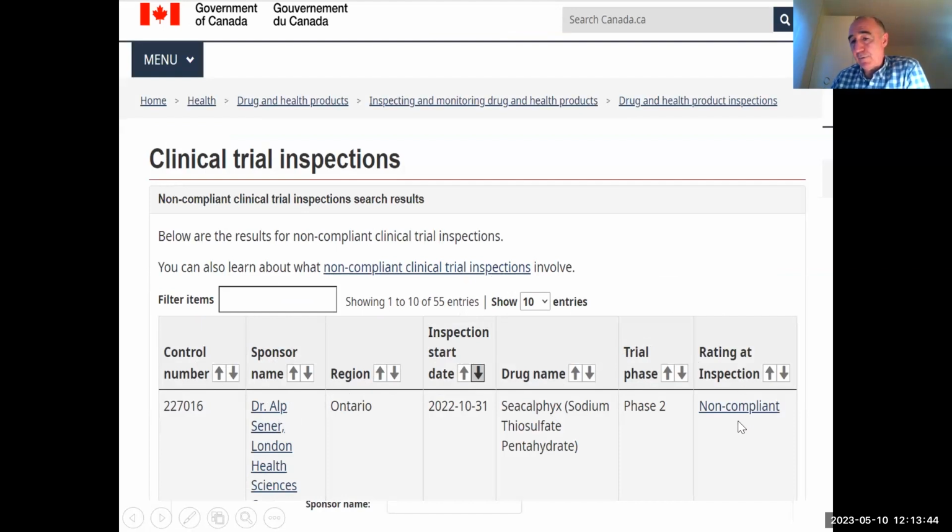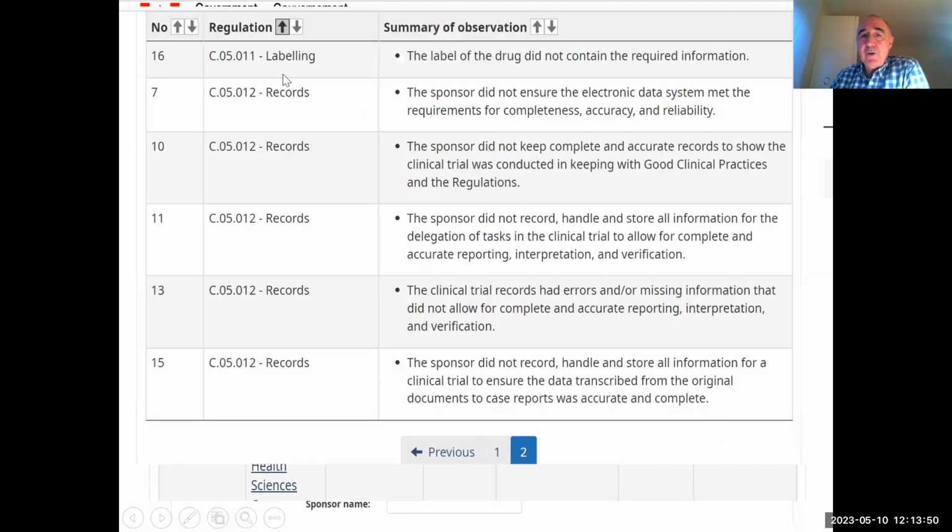And this is the case, for example, of a non-compliant trial. And here you can read the problems the inspectors detected that had to do with labeling, with recording information. You can read all the problems they recorded.